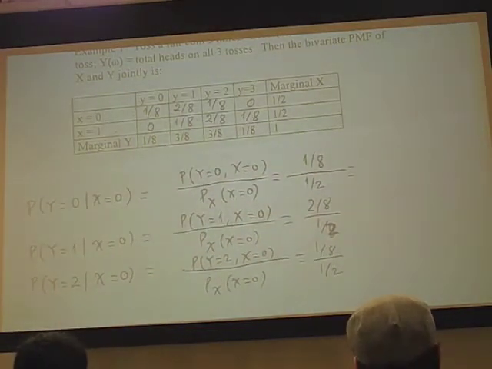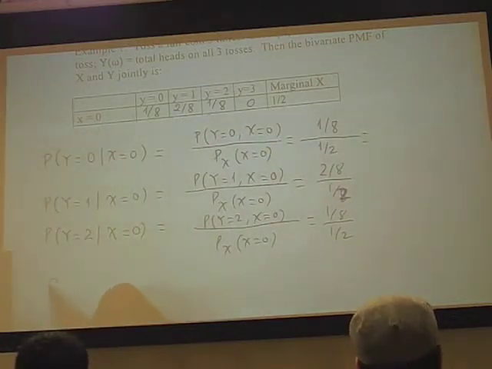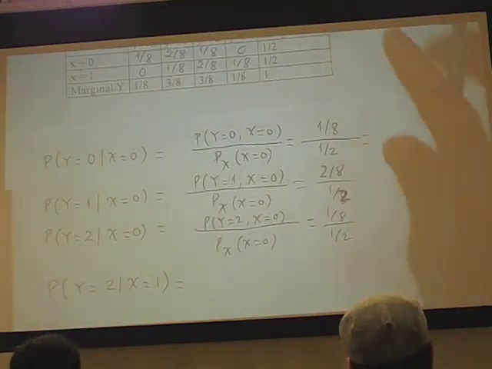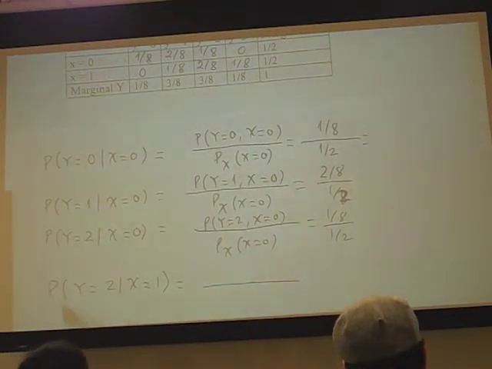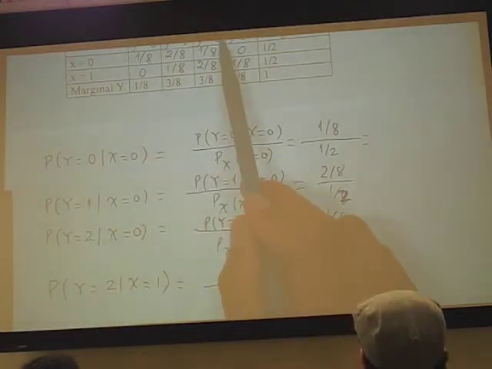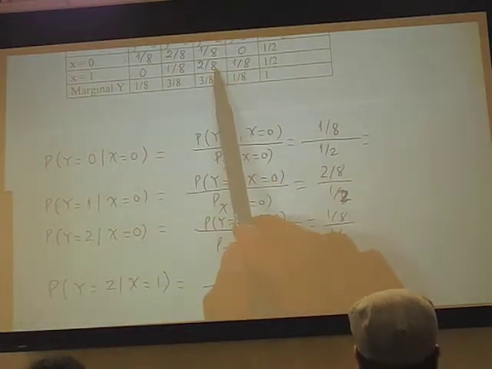Right? And now, how about the probability of y equal to 2 given that x equal to 1? Now you look at P of y equal to 2 and x equal to 1. So y equal to 2, x equal to 1, that's 2/8. Right?